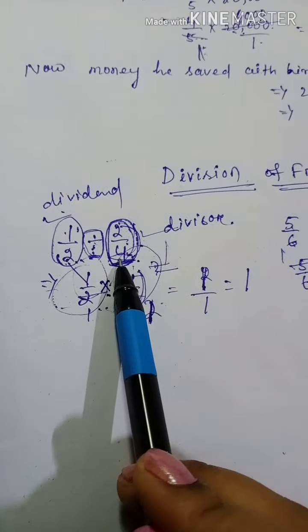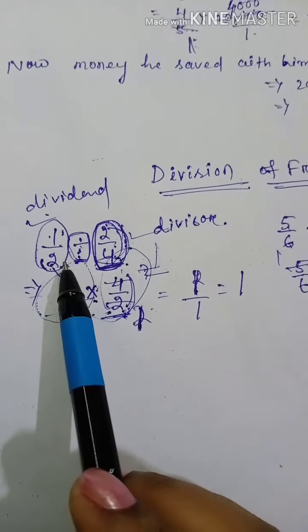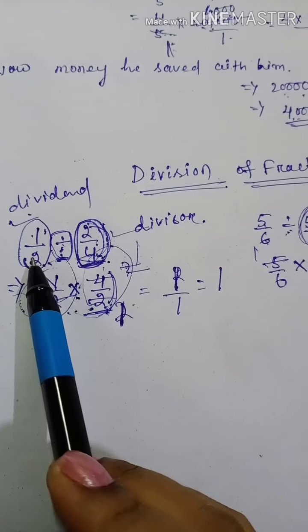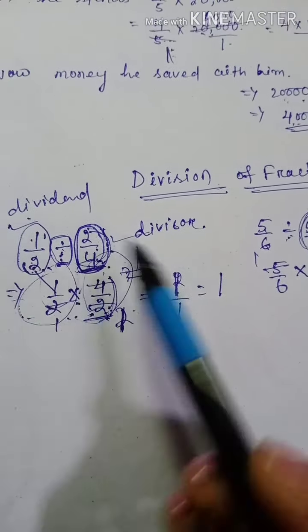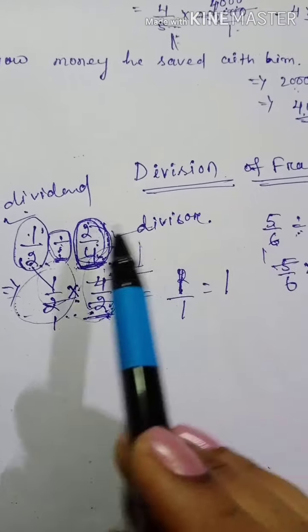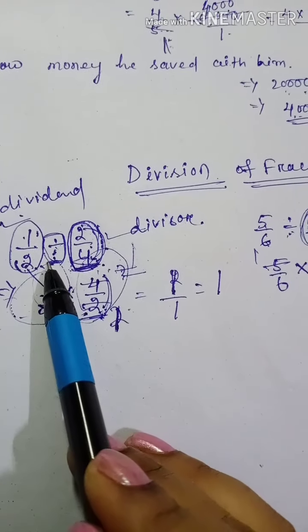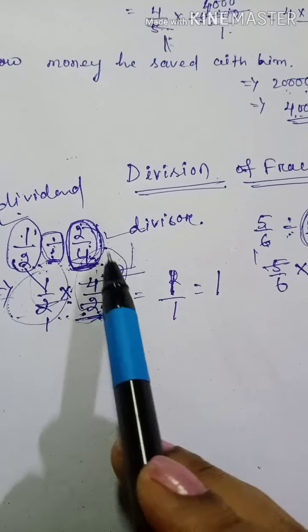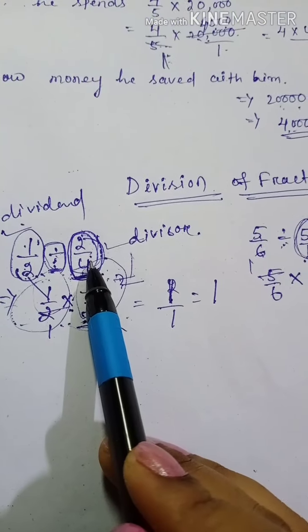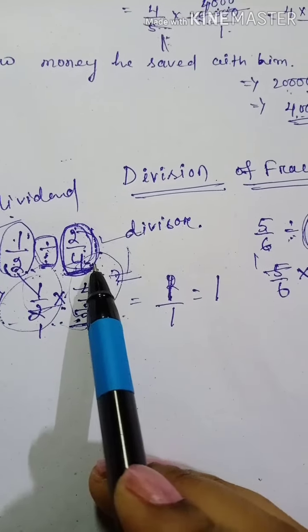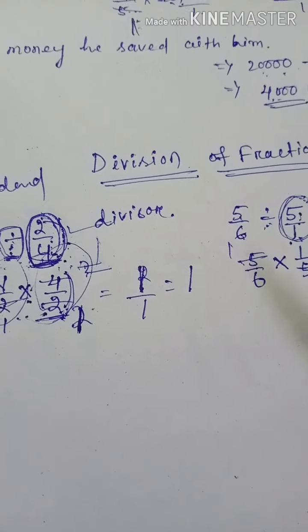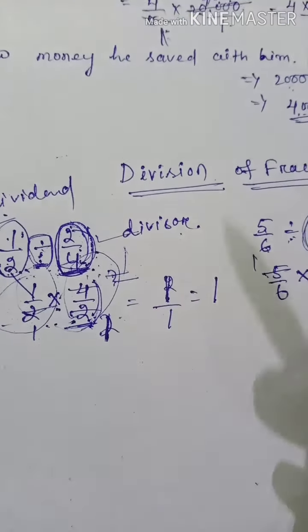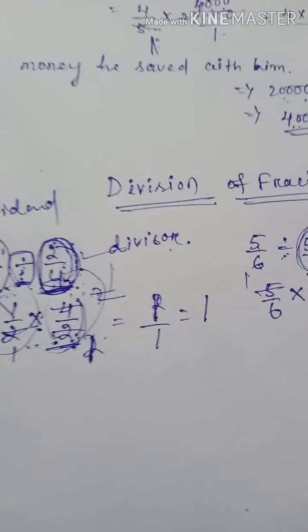Whenever we have to divide two fractions, we have to multiply the dividend with the reciprocal of the divisor. That means the first fraction should be multiplied with the reciprocal or reverse of the other fraction. Reciprocal means the multiplicative inverse of that other fraction, which is simply the divisor in a question. Okay, that is the method.